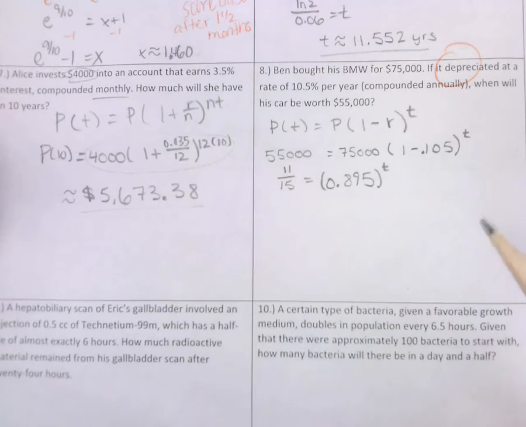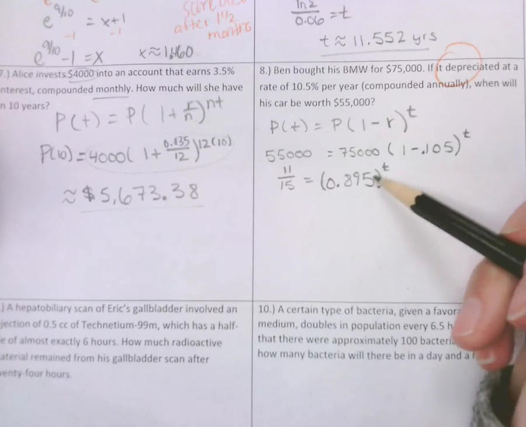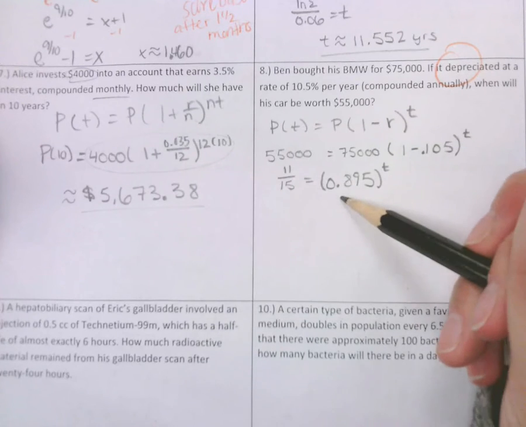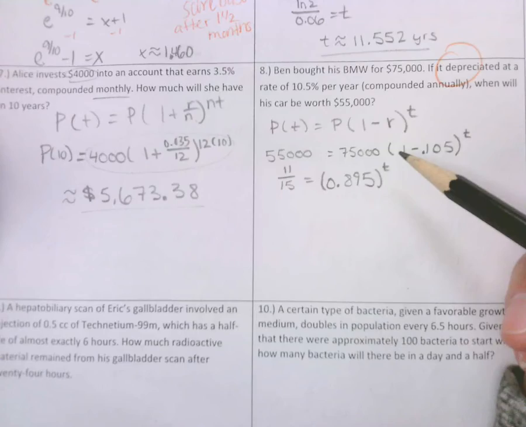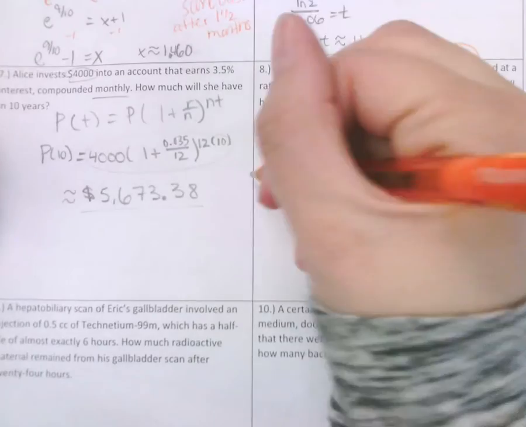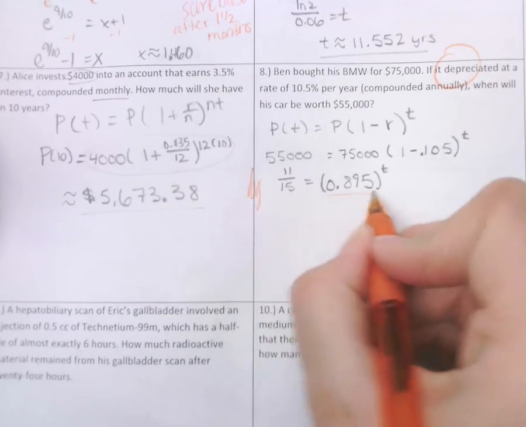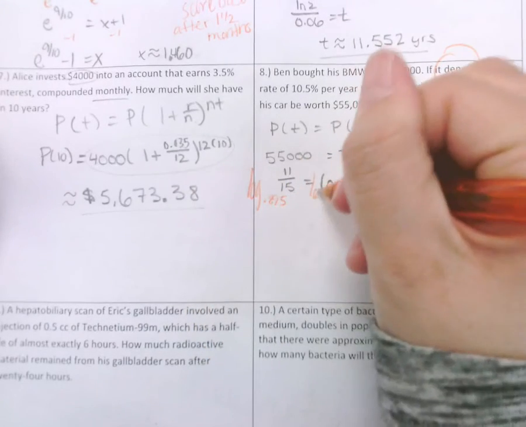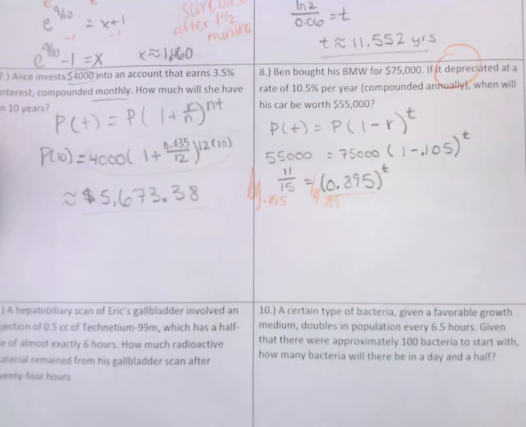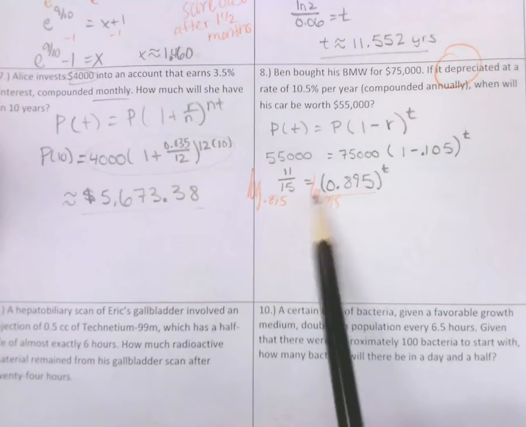Right. When you're trying to solve for an exponent, you use a logarithm. You can't divide because it's not multiplication. You use a log with whatever base the base of the exponent is. So you're using a log base 0.895, so that these cancel.